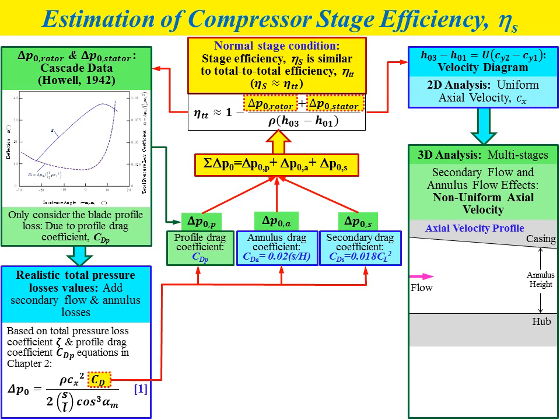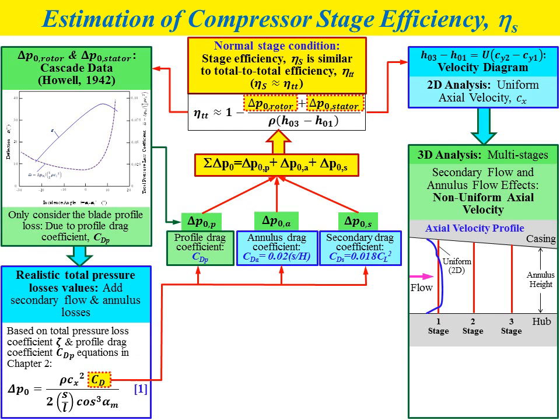We have airflow direction into the compressor, and stage number 1. For the uniform axial velocity, the vertical red lines represent the uniform axial velocity for stage number 1, stage number 2, and stage number 3.